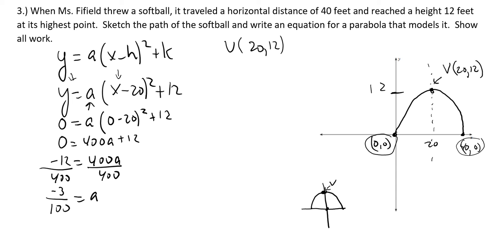So we can write it this way, or we can write an approximate value. Negative 3 divided by 100 is negative 0.03. So now our equation is going to be y equals negative 0.03 times (x minus 20) squared plus 12.